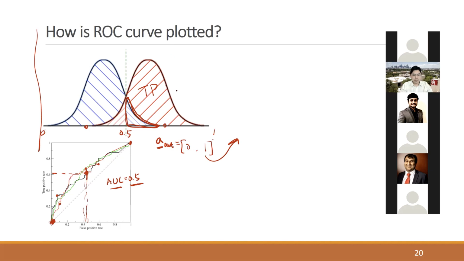So in this case, all the positive cases under the red curve are correctly predicted, and they are the basis for the true positive rate of 100%. True positive rate is how many of the positive cases are predicted correctly as positive.